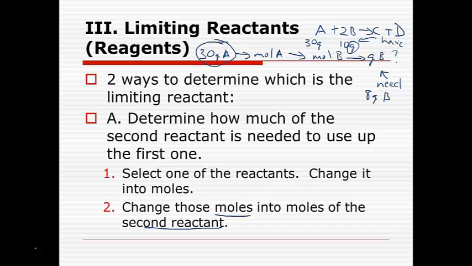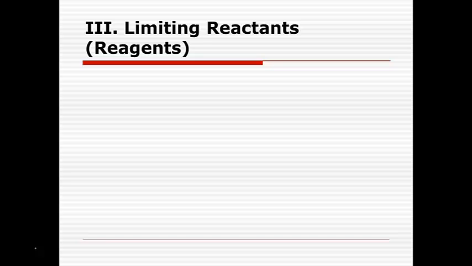So if I need this much and I have at least this much, then A will be completely used up. In other words, what you need has to be less than what you have. Then A is the limiting reactant. If it's not, then you do it the other way around, and B would be the limiting reactant.